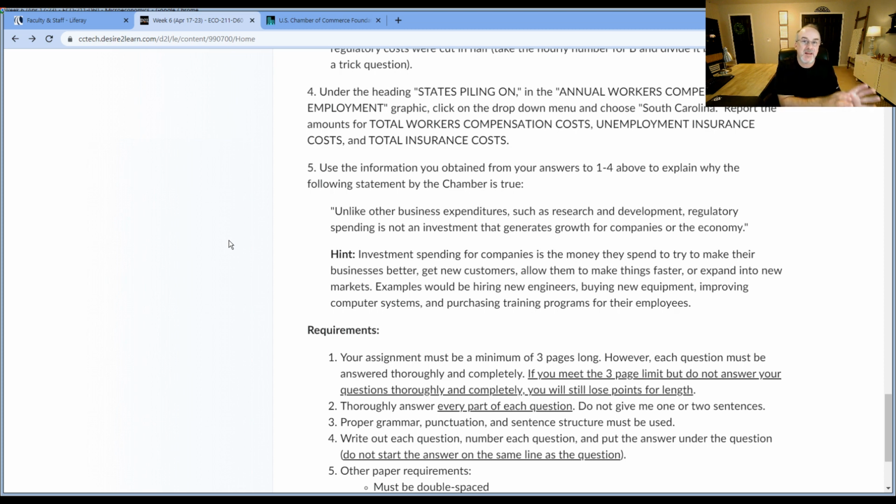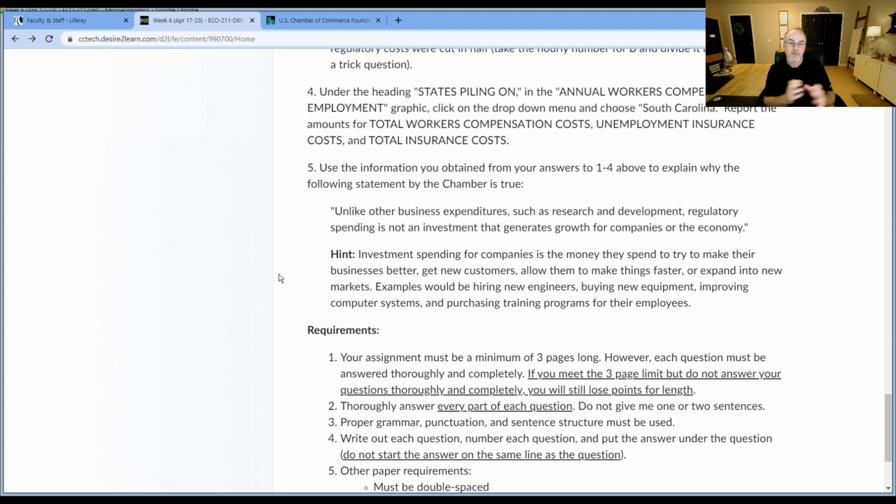They're not an investment that's going to produce something. They're just money that's eaten up by government. All right? Hint. Investment spending for companies is the money they spend to try to make their businesses better, get new customers, allow them to make things faster, or expand into new markets.